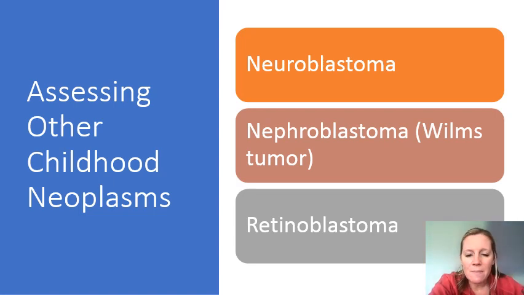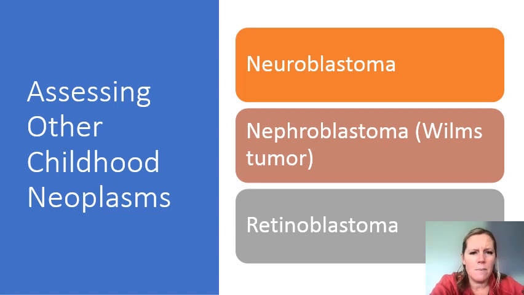Possible excessive sweating because of that sympathetic nervous system involvement, as well as the adrenals, and a flushed face, hypertension, possibly abdominal pain depending on the extent of the tumor, constipation, so decreased GI motility, and possibly loss of motor function in the lower extremities.